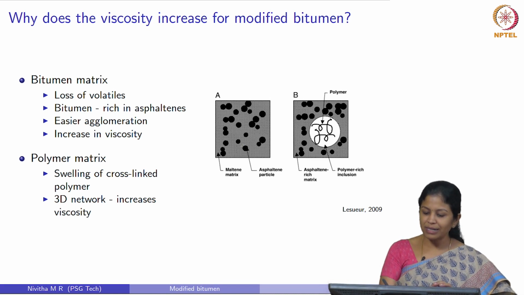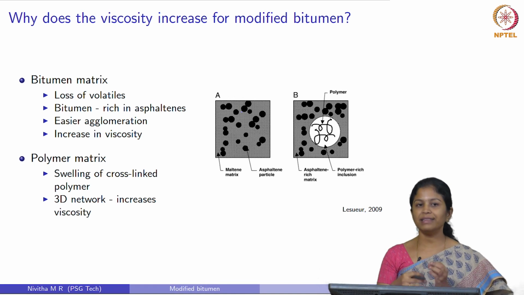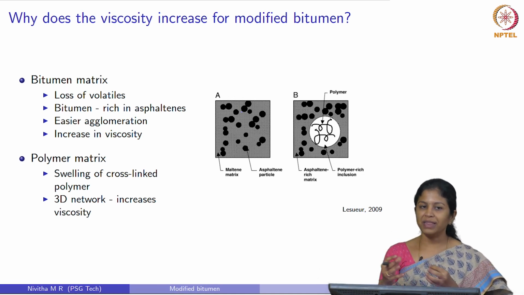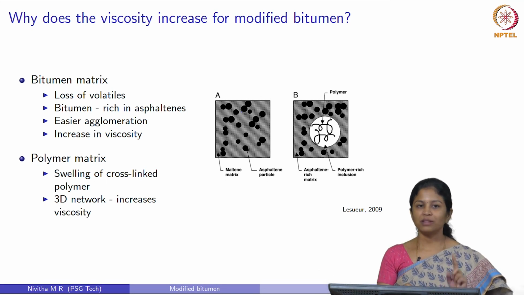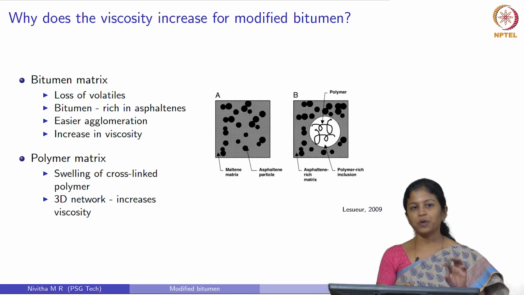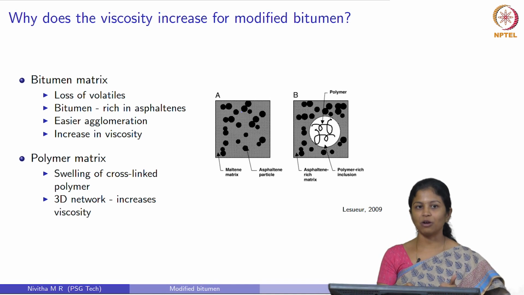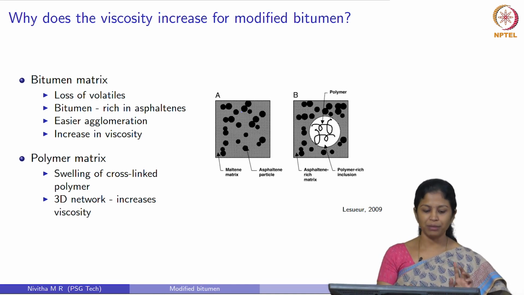When these maltene phases are removed, they try to come closer to each other and agglomerate. When they agglomerate, they increase the viscosity of the system. So, this is the first reason which is proposed as one of the factors contributing to the increase in viscosity in the case of SBS modified bitumen.